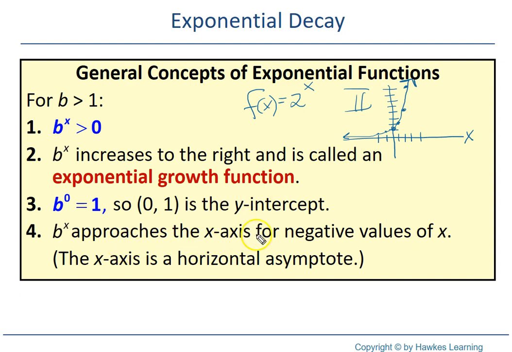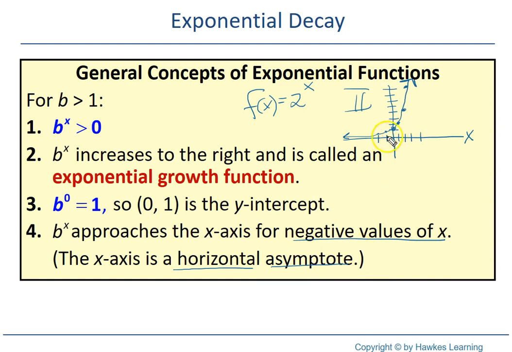We call this, for the negative values of x, the x-axis, that is, the value that this curve gets closer and closer to, but never touches. We call the x-axis, you need to write this down, the horizontal asymptote. And what is an asymptote?